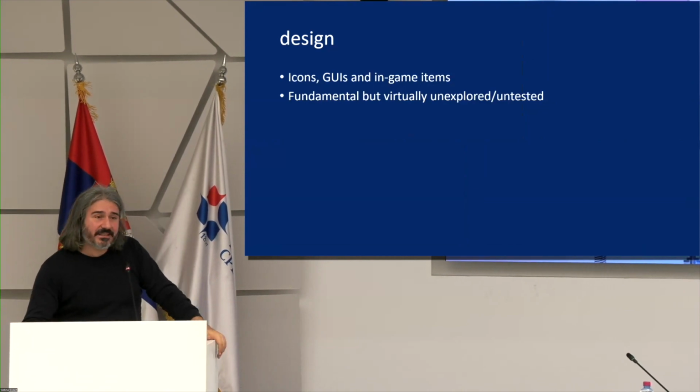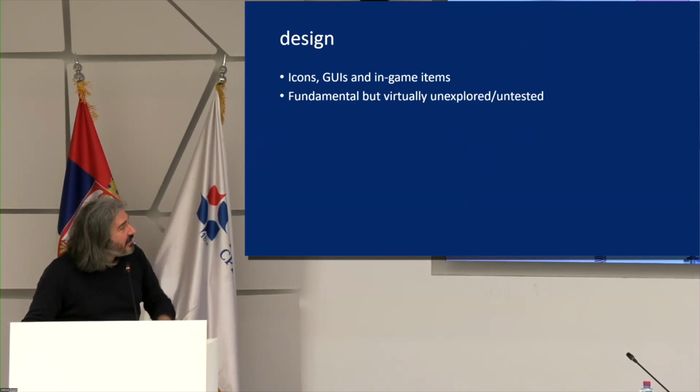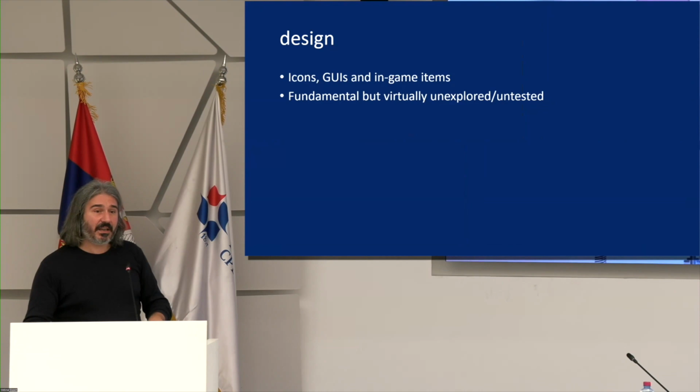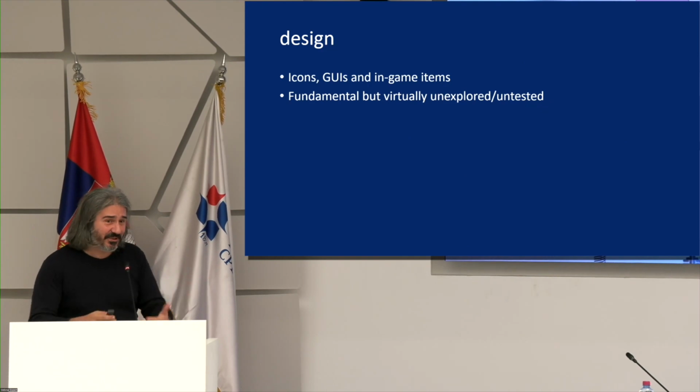The last one is design. Design is another extremely important tool. Video game companies started registering a lot of designs lately. I cannot tell you much about it because I know how important and easy to enforce it could be, but it's virtually unexplored. I couldn't find a single case. I mean, with design registration, there is no check.